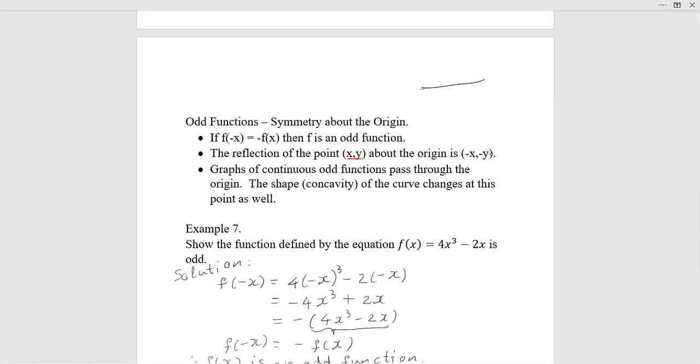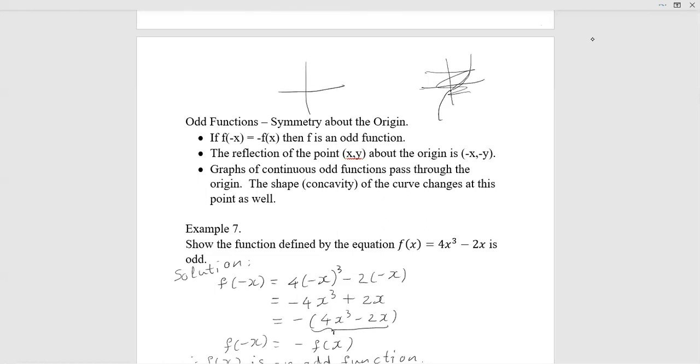I'll give you a simple example. So it has to go through... wait, let me cross this out.